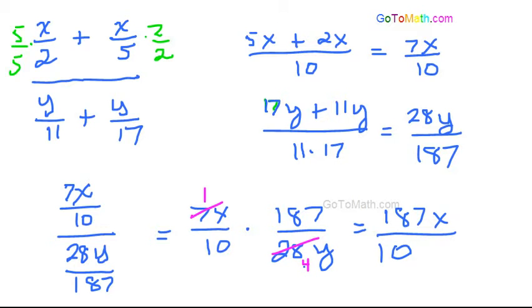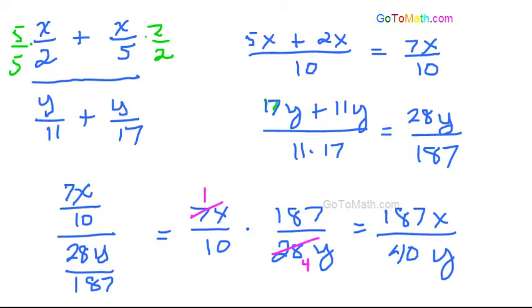And wait a minute, we got this 4 right here, so we'll need to do something with that. So let's erase this here. So we're going to end up with 10 times 4, which is 40. And that looks like y right there, right?